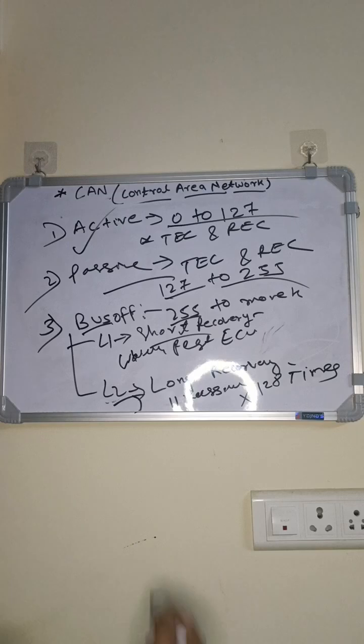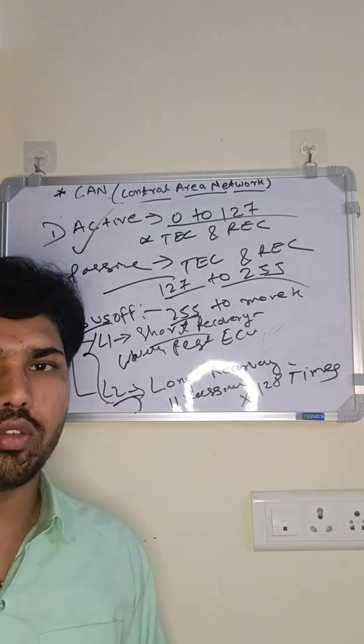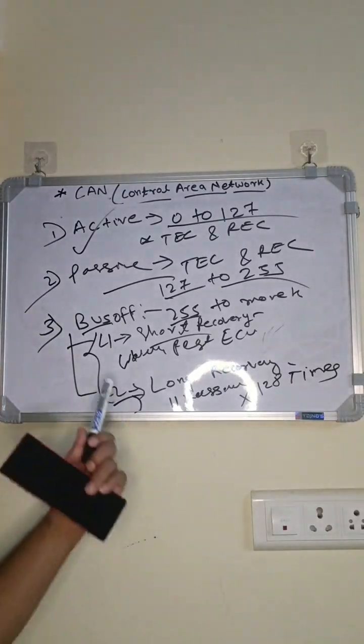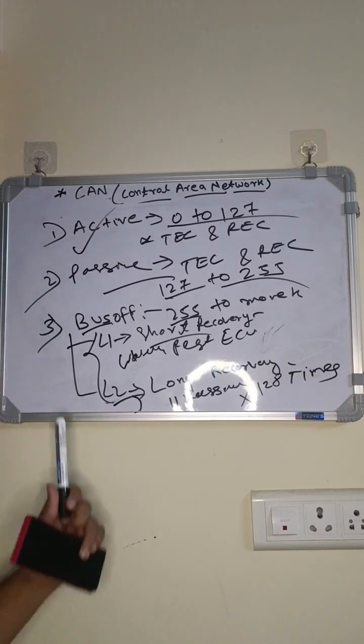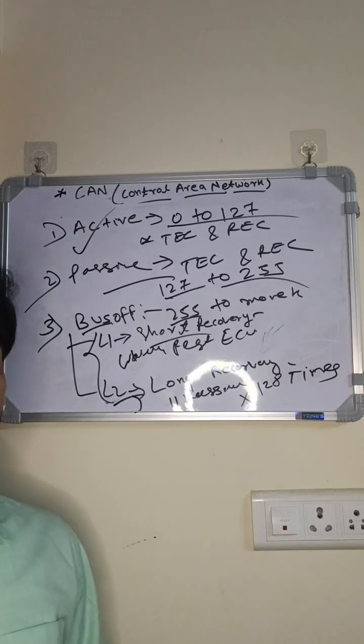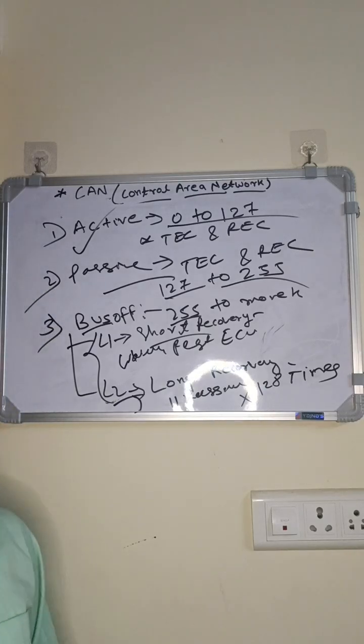Okay, that is bus off. In bus off there are two ways to recover, L1 and L2. For L1, we call the watchdog window to reset the ECU. Okay, that is L1, and next is L2. We have to send 11 recessive bits up to 128 times to recover the bus. So that is L2.